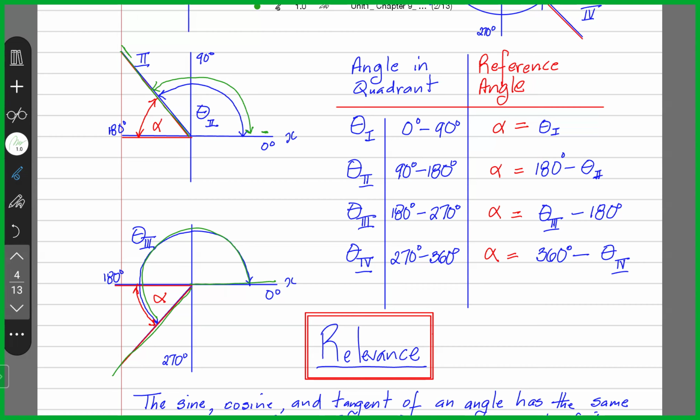So in the third quadrant, the reference angle is theta minus 180 degrees. So for example, 210 degrees is an angle in the third quadrant. The reference angle for 210 degrees is 210 degrees minus 180, which is 30 degrees.